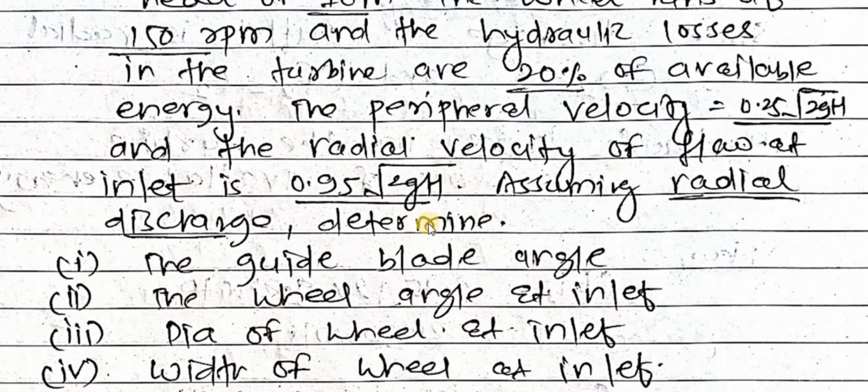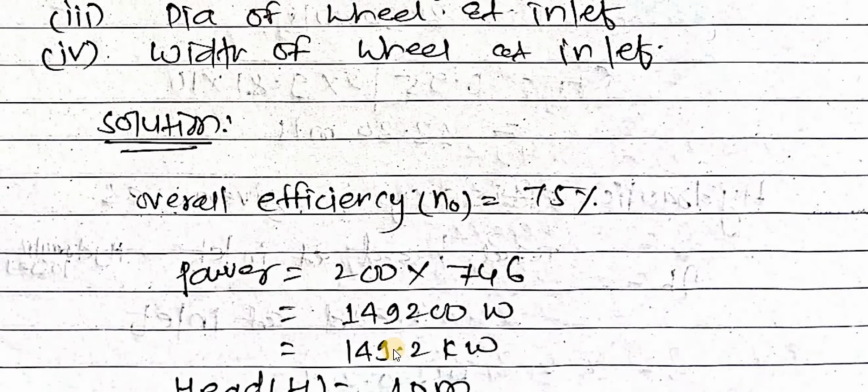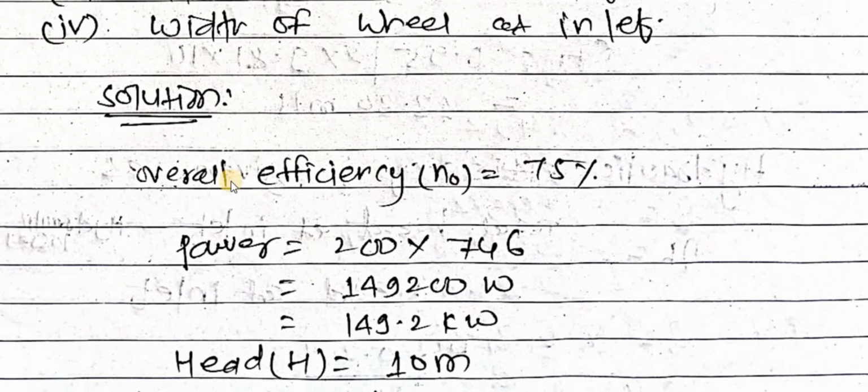Determine the guide blade angle, the wheel vane angle at inlet, the diameter of the wheel at inlet, and the width of the wheel at inlet. First of all, write all the given data. The given data is the overall efficiency, already given in the question, 75%, and power.